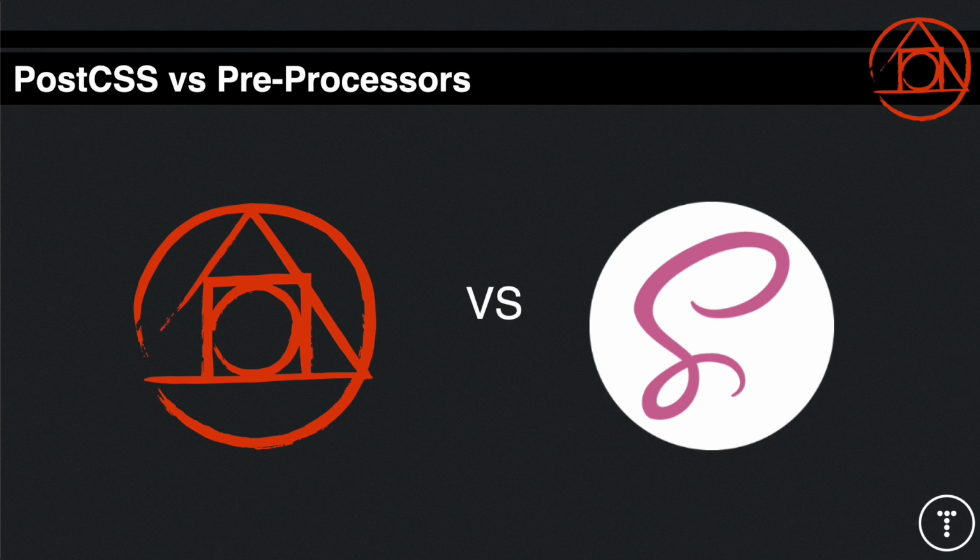So PostCSS, even though it sounds like it, it's not a post processor. The name PostCSS refers more to beyond CSS. It's more like what Babel is to JavaScript. It parses CSS, loads plugins, and manages these transformations.